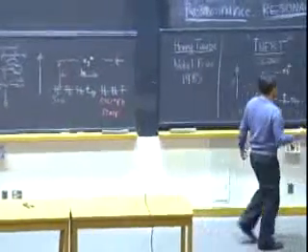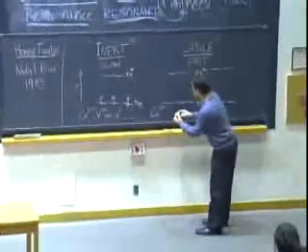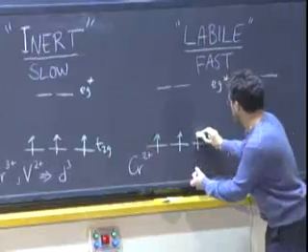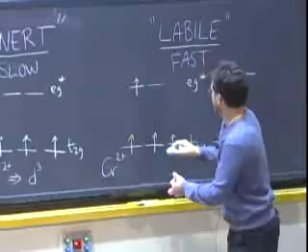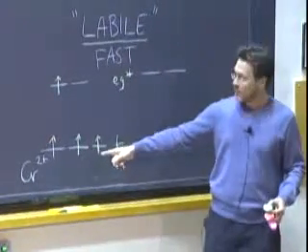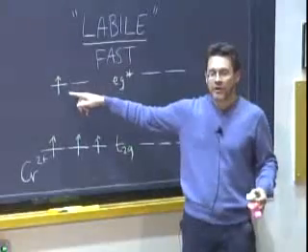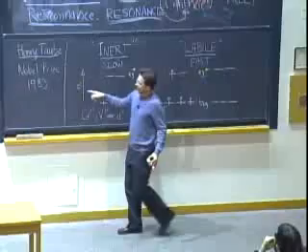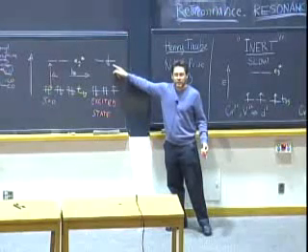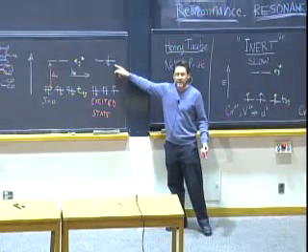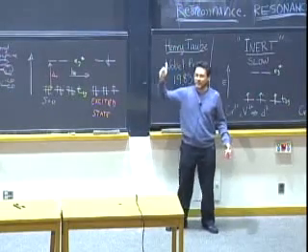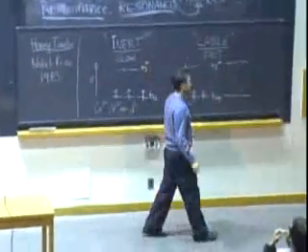And what's going on here? Well, now chromium 2+ is d4, and the 4 electrons go in and populate like this. Okay? So eg* now has an electron in it, and that makes it related to the excited state here of tungsten hexacarbonyl, because both of those, if you were to write out their electronic configuration, would have eg*1 as the population of eg*.